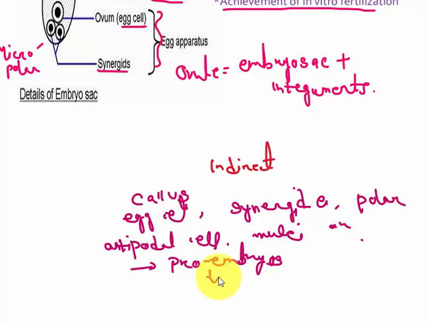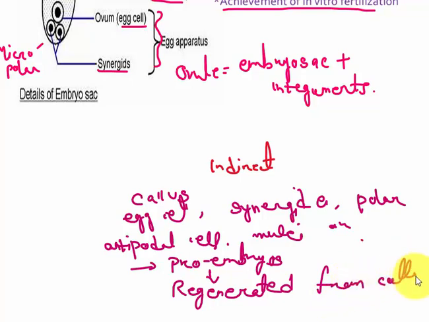So in the next step, the plants will get regenerated from the callus, and then it will produce the haploid or the diploid or the mixoploid plants.